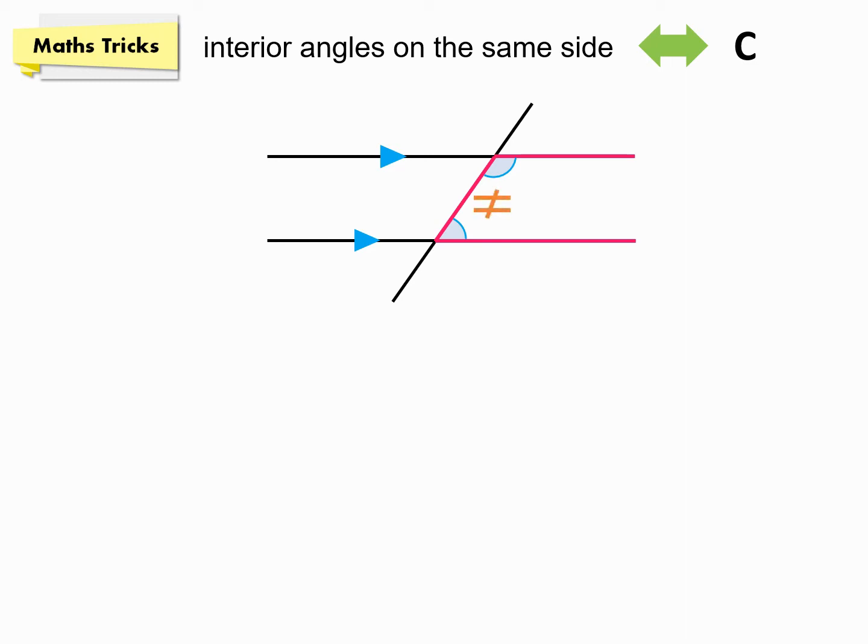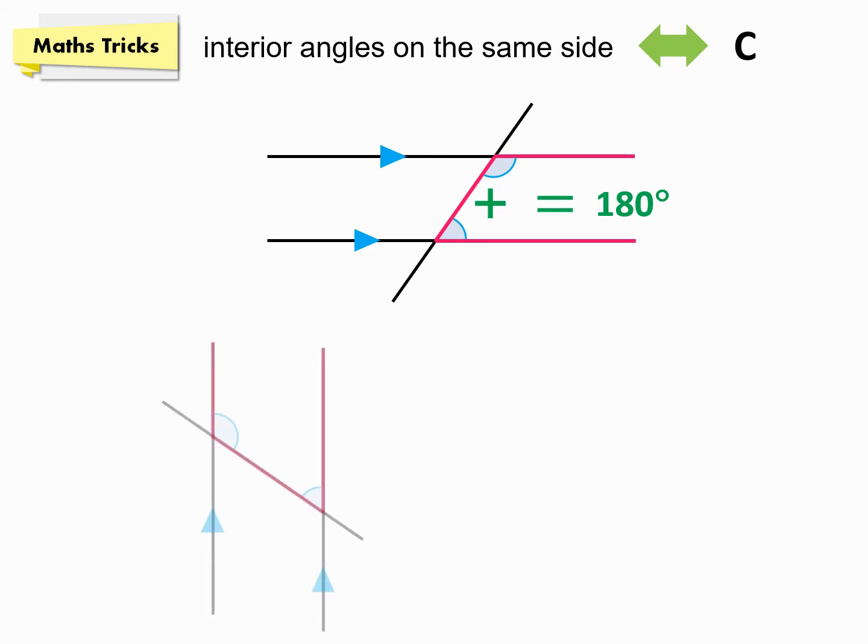This pair of angles are not the same. Instead, the sum of this pair of angles is 180 degrees. Normally, we can use letter C to help. We can also rotate this C through 90 degrees, which becomes a letter U. Remember these letters if you are confused with corresponding angles, alternate angles and interior angles on the same side.